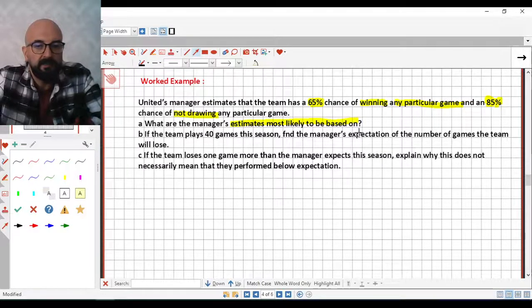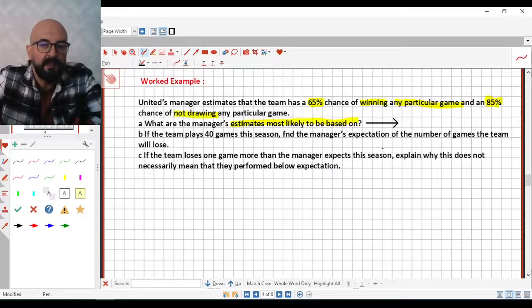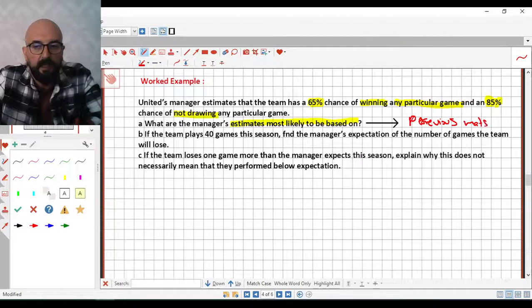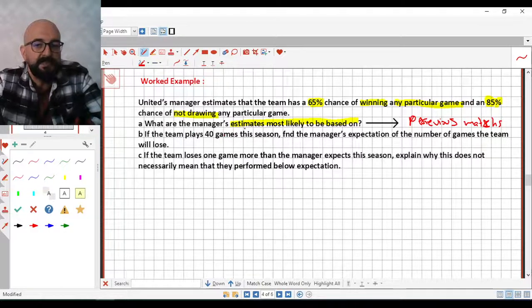The manager is looking at the previous matches. Based on the previous matches.